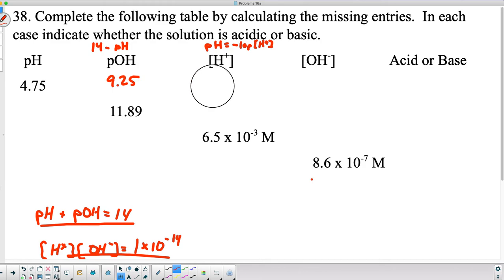So this concentration here is 1.78, I don't have to go that far, 1.78 times 10 to the negative fifth.